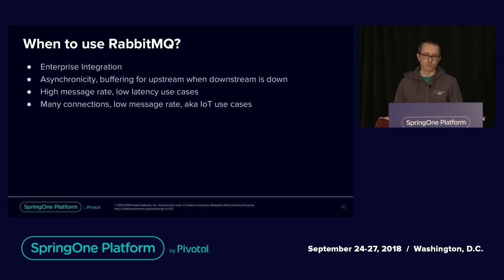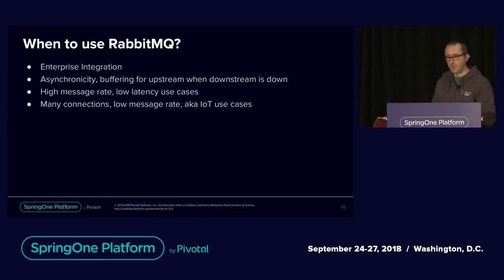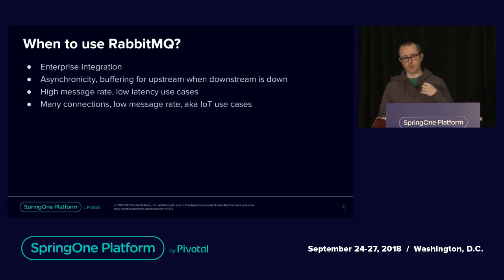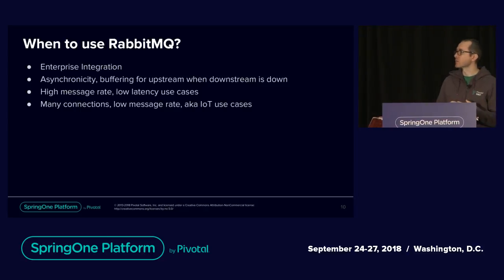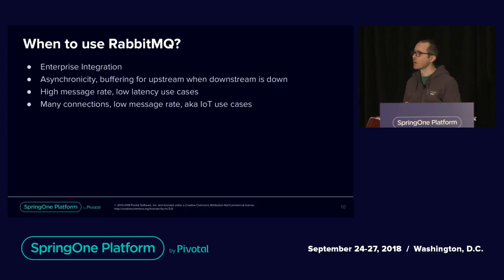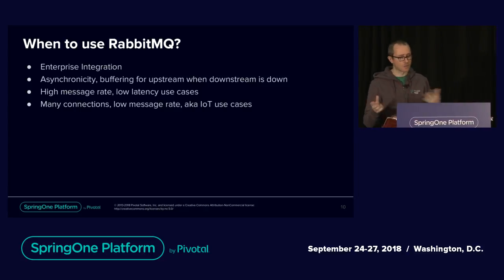And we have also the typical IoT use case, where we don't publish as many messages as with the latency workloads, but we have many connections, many clients, like thousands, even hundreds of thousands. And these clients are sensors, cars, or whatever.